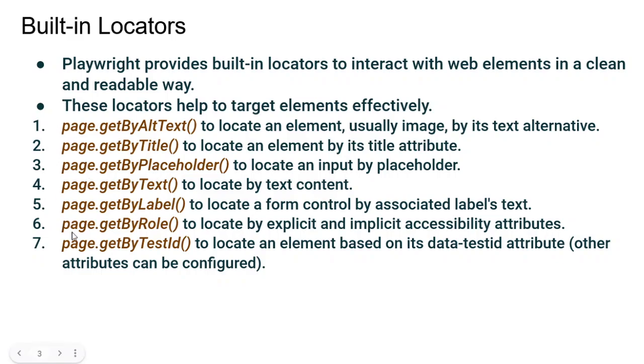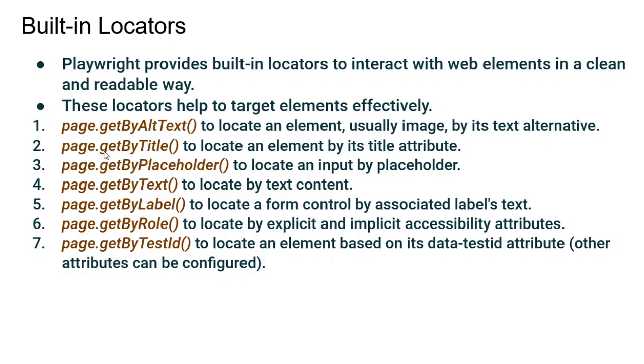So these are some of Playwright's built-in locator methods. For example, page.getByAltText. It is used to locate an element, usually images, by its text alternative. I will show you some examples as well, but these are some locator methods which are built in and provided by Playwright itself.